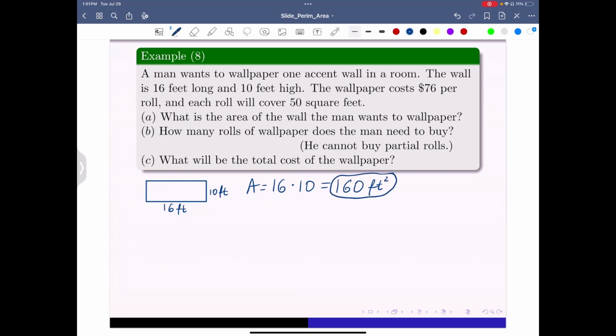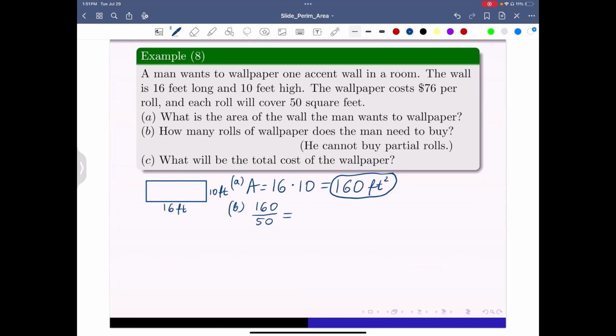That's the area of the wall. So this is part A. Part B, if one roll covers 50 square feet, we would divide the total area by 50. So we have 160 divided by 50.